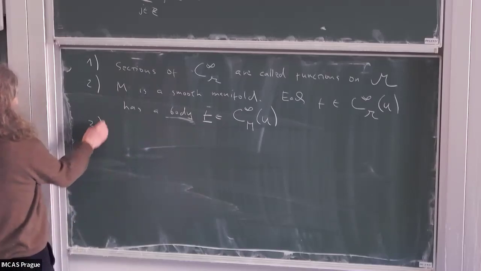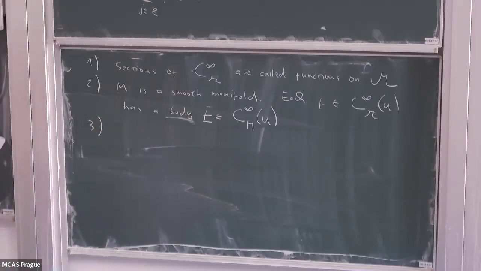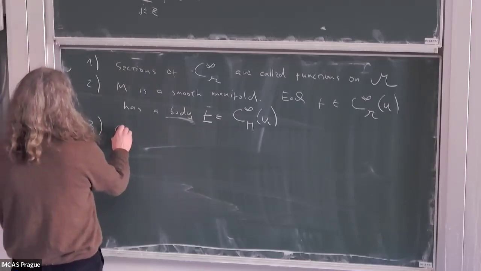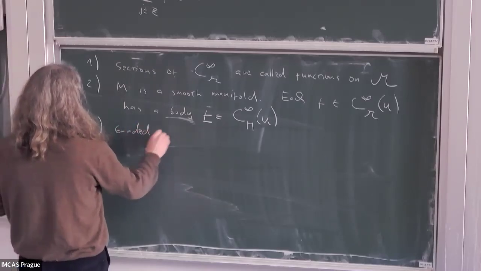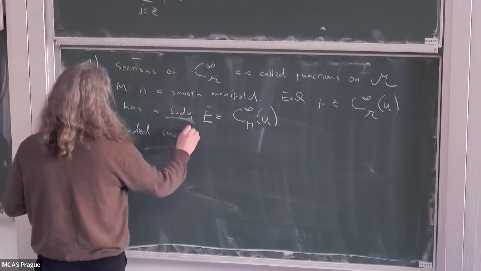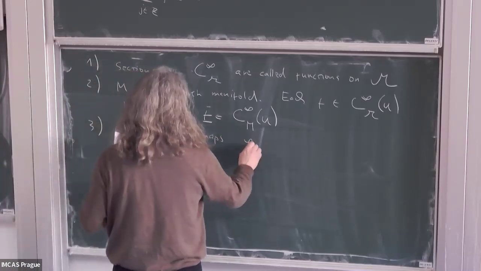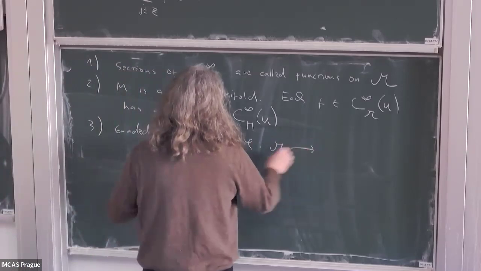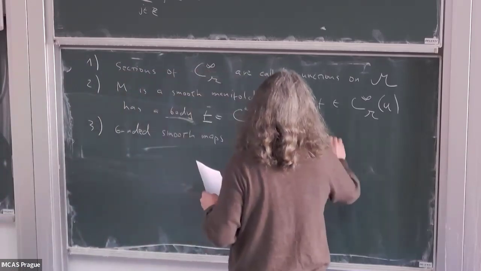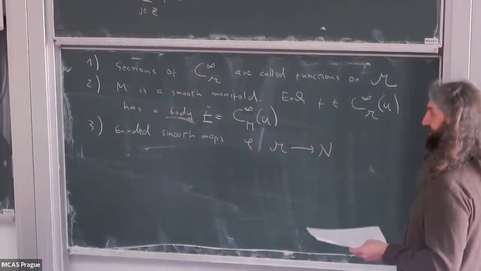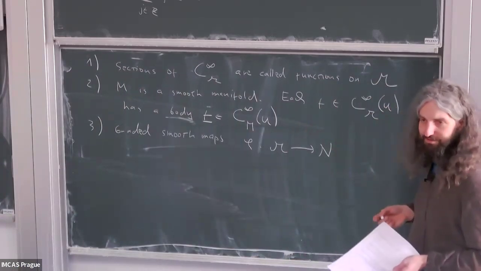So how do you define maps of graded manifolds? Graded smooth maps, or just smooth maps, are denoted simply like maps, but they are not actually maps. But we use the notation which tends to mimic classical geometry.